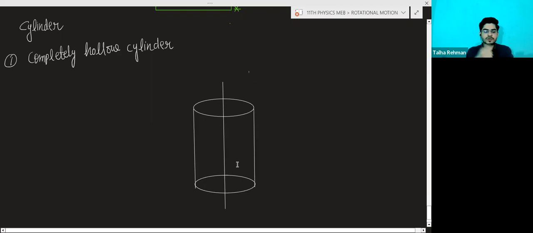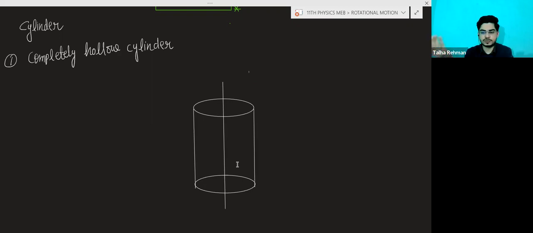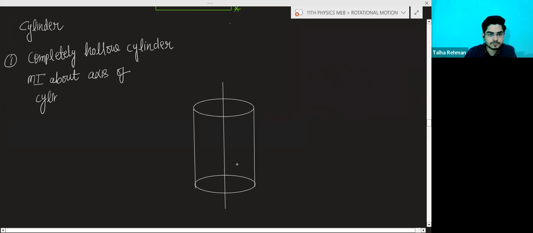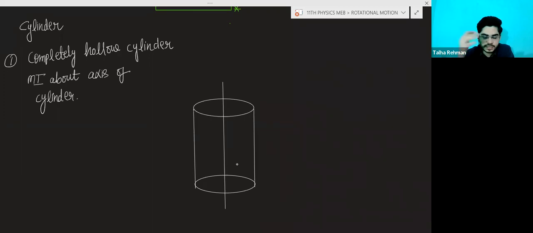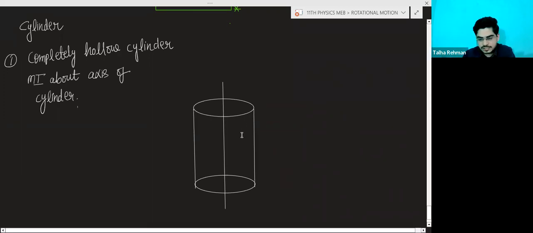Completely hollow cylinder about an axis passing through the axis of the cylinder. Okay, we are finding the moment of inertia about the axis of the cylinder.